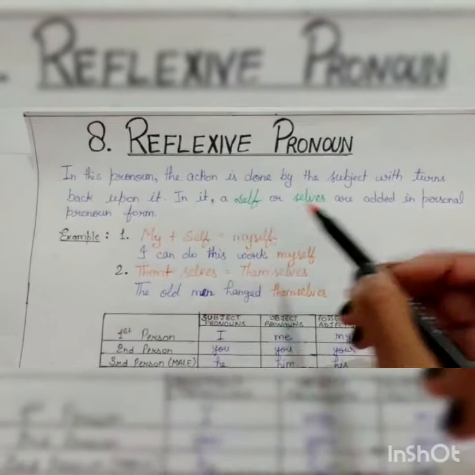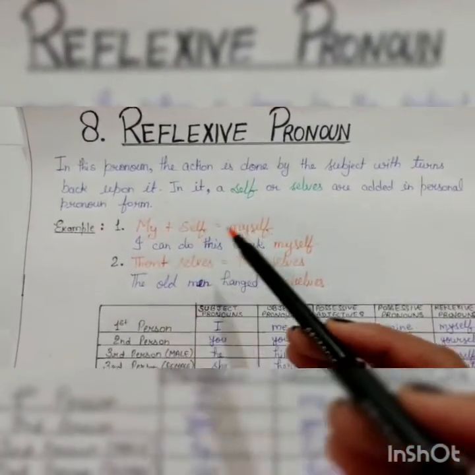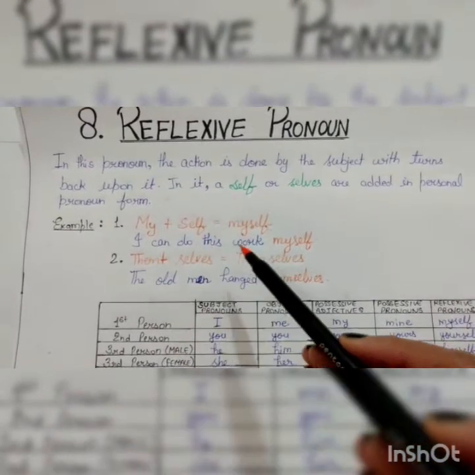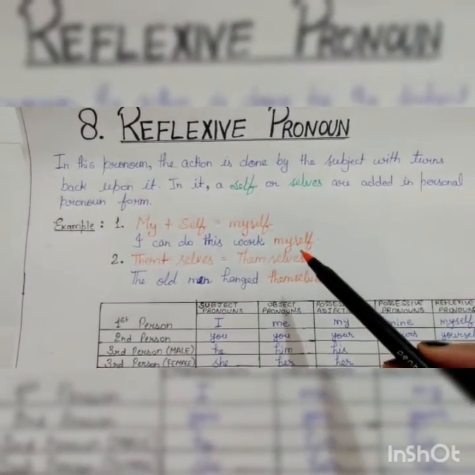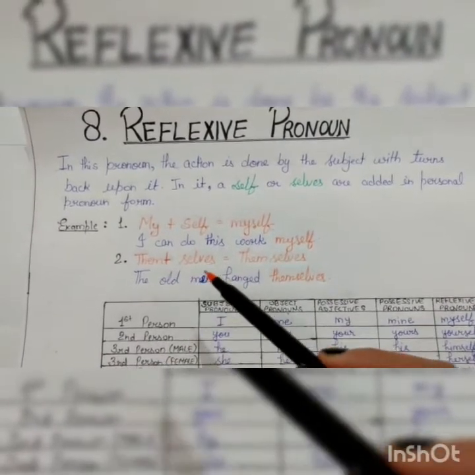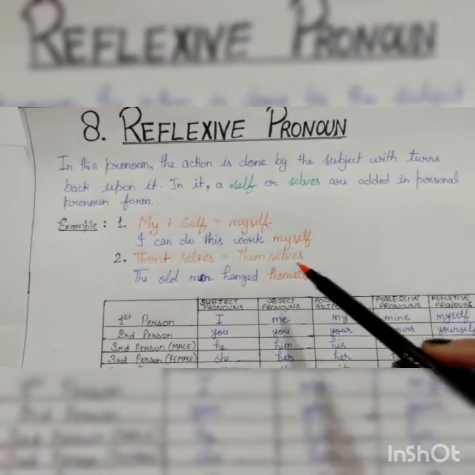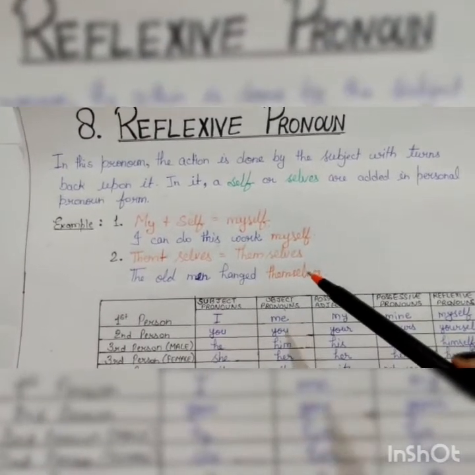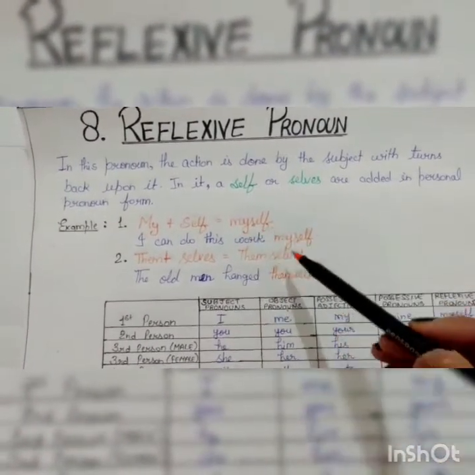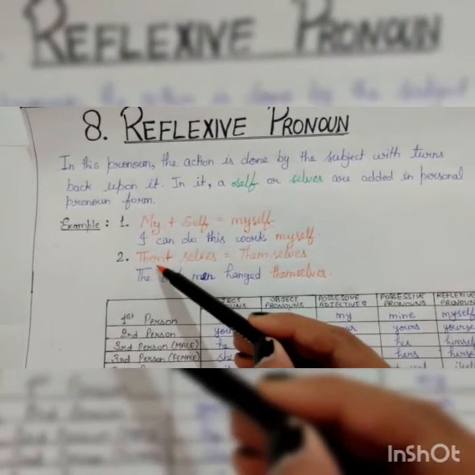We have some examples of reflexive pronoun. My plus self is myself. I can do this work myself. So myself is our reflexive pronoun. Them plus selves is themselves. So themselves is our reflexive pronoun. In this pronoun, self or selves is added with the personal pronoun.